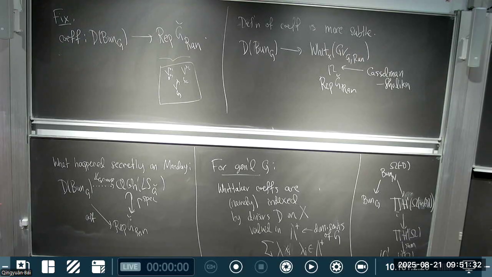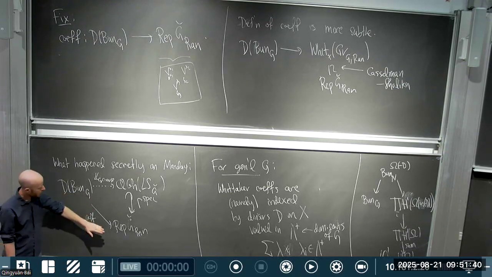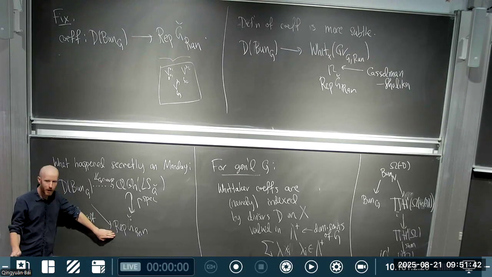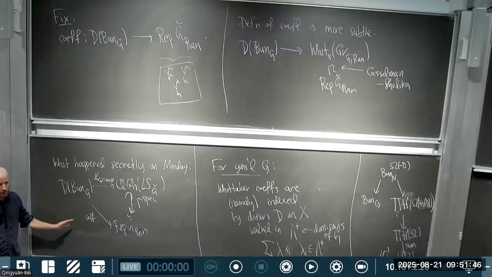Then there's this renormalization procedure to get L_G and the assertion that it's essentially an equivalence. In particular, that tells you this functor from D of Bun_G into Rep G check Ran is, a posteriori, fully faithful, up to these non-tempered things.